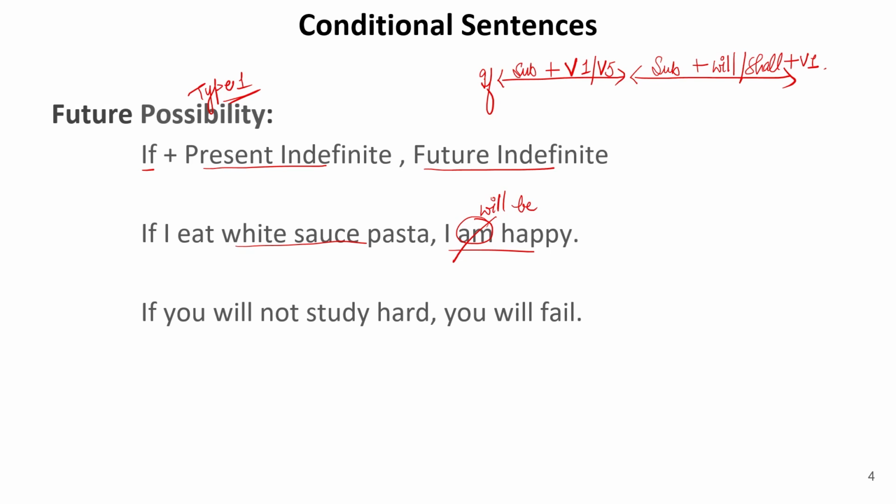Just because I like it and I'm giving an option that if I eat this one, then I'm happy. If you will not study hard, you will fail. Now, whenever we have a conditional word over there, we do not use modal in that case. If you will not should be replaced with do not. If you do not study hard, you will fail.